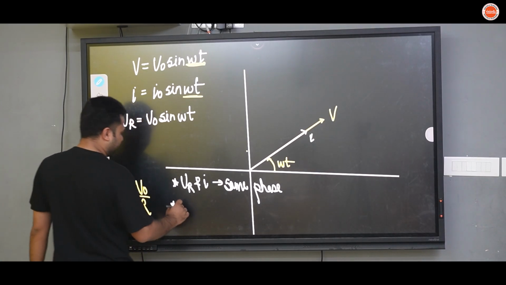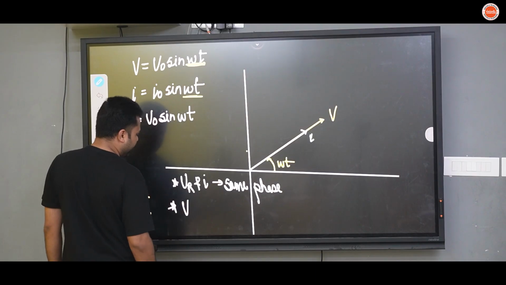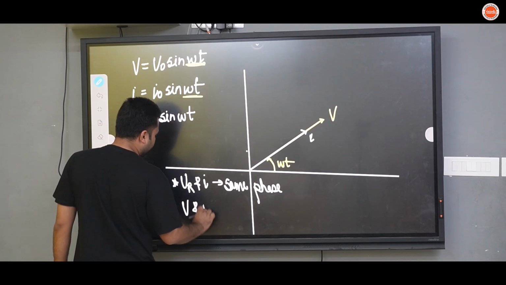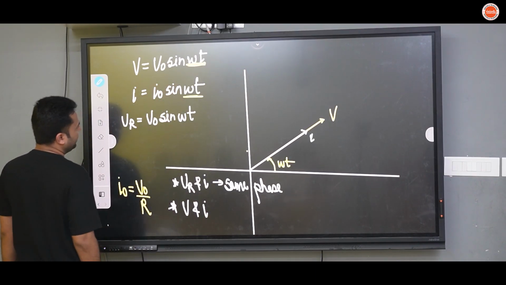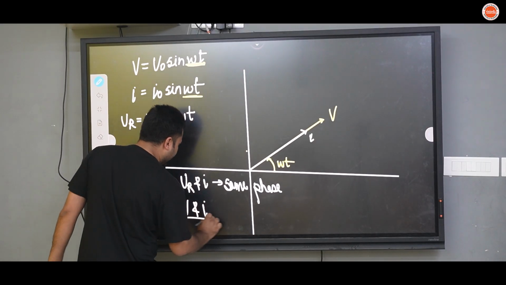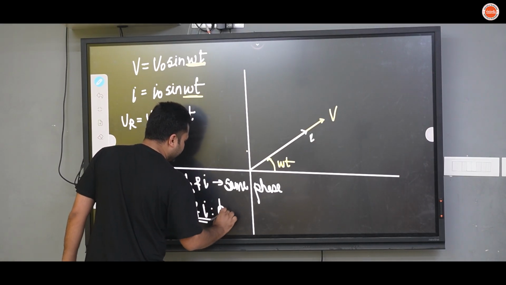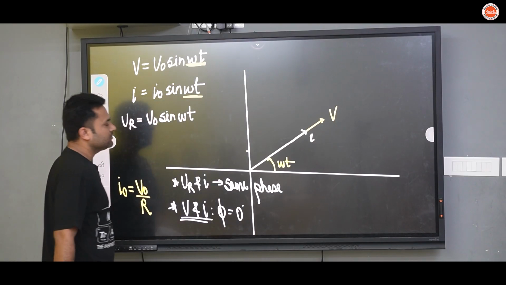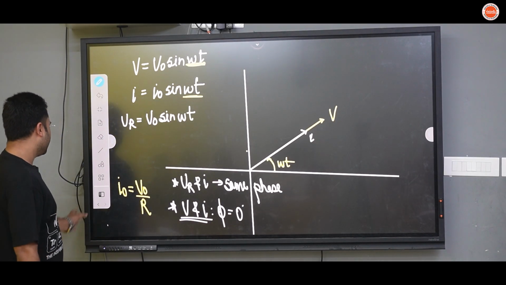Second point: in a purely resistive circuit, voltage is V naught sine omega t and current is I naught sine omega t. So what is the phase difference between voltage and current? 0. No phase difference. What was phi?